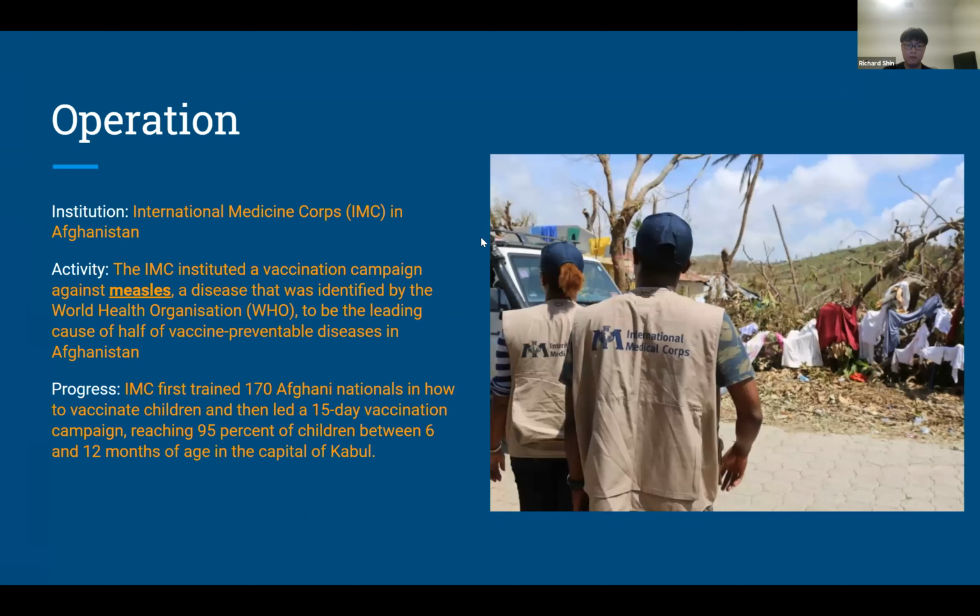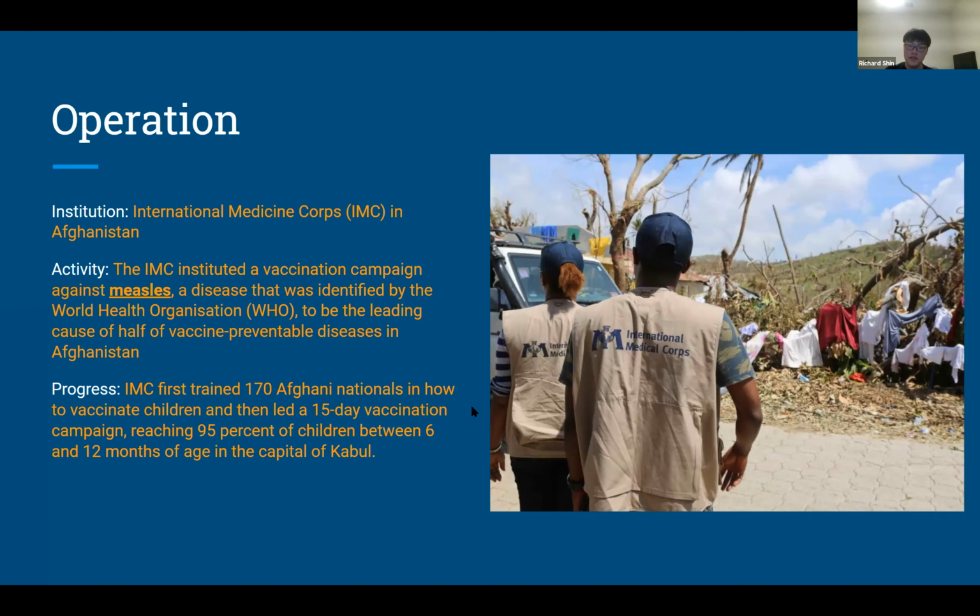For example, one NGO, International Medical Corps, IMC, in Afghanistan, ran a vaccination campaign against measles. It is a disease that has been identified by the World Health Organization, WHO, as the leading cause of half of vaccine-preventable disease in Afghanistan.